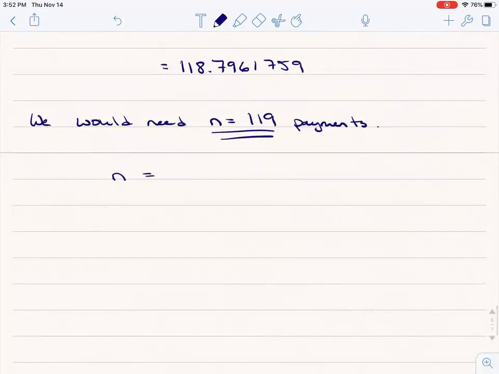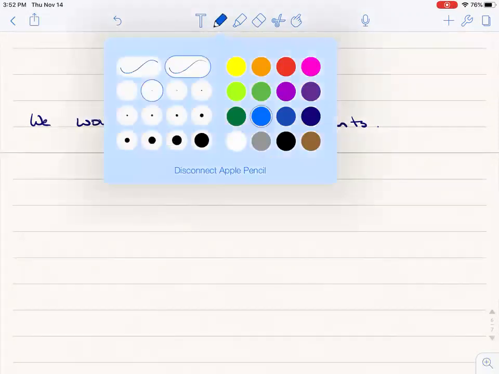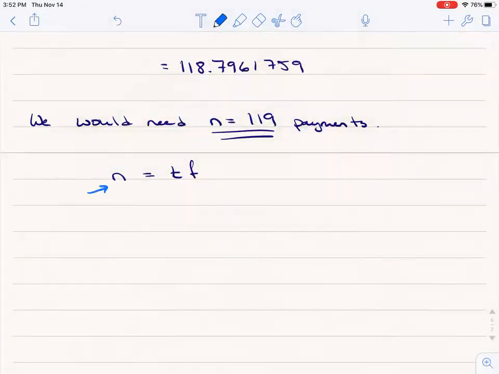So n, remember, is the time times the frequency. If n is the number of payments, then F must be the payment frequency, the P per Y or F2, whichever you prefer.